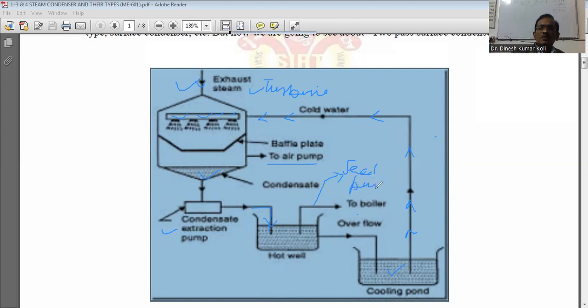The overflow of the water goes to the cooling point, where the cooling point again supplies the water in this section, where it will take heat from the exhaust steam and convert it into water. Actually, this is the function of the condenser. Here we are changing the phase of the steam into water, and this is how it is being circulated to the boiler.